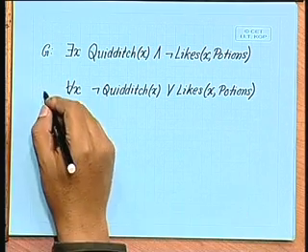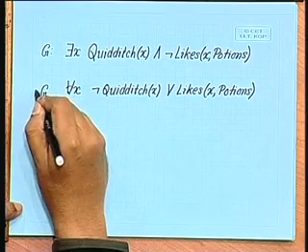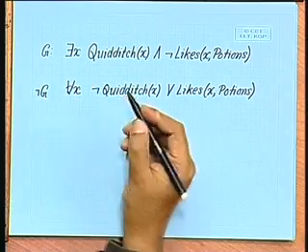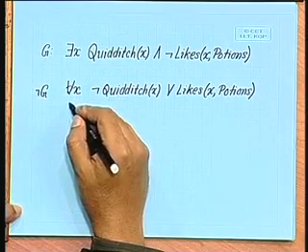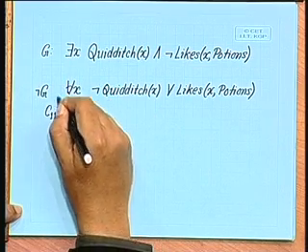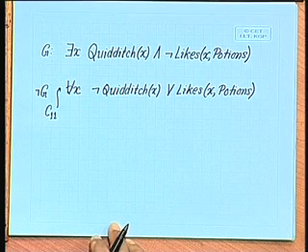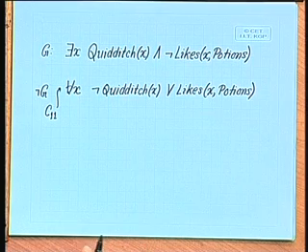So, this is the goal clause, not G clause, which we will insert into the knowledge base as C11. So, this is going to be our C11. And then we will try to deduce false.